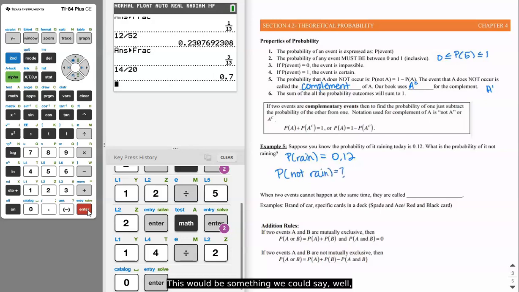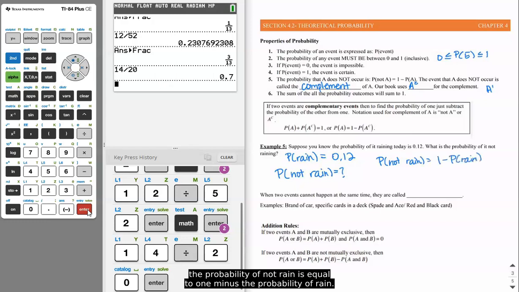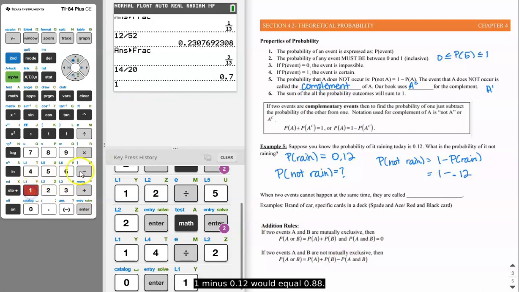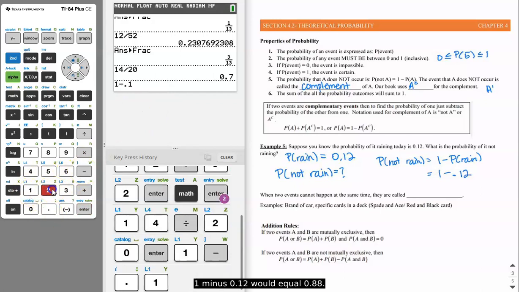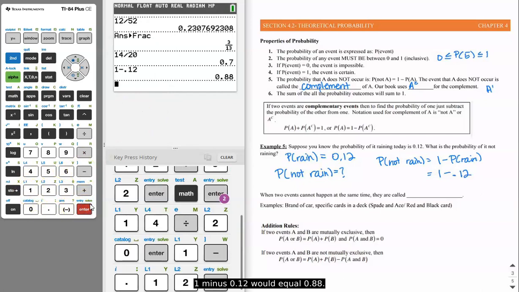The probability of not rain is equal to 1 minus the probability of rain. So 1 minus 0.12 would equal 0.88. That would be the probability of it not raining.